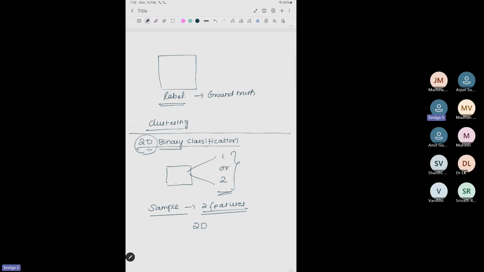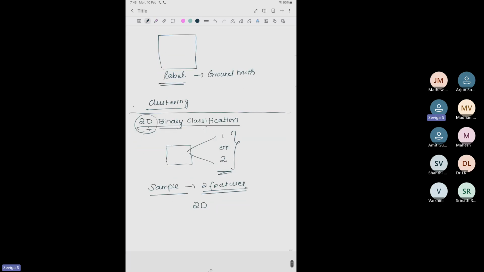Is it clear? There are only two possible labels or classes for every input, so we call it binary classification, and the points have only two dimensions.